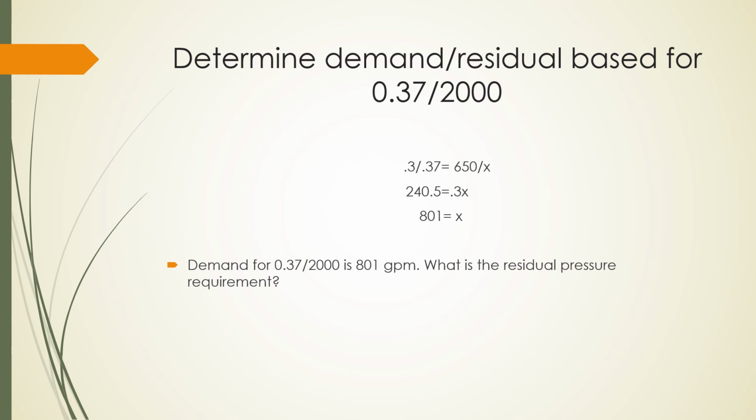And that 0.3, if you remember, corresponds to a demand of 650, but we don't know what the demand would be for 0.37. So when we cross multiply, you have 240.5 equals 0.3x, and solving for x, we end up with 801. And then we'll show on the next graph that the demand for that density of 0.37 over 2,000 is 801, and we'll be able to pull the residual pressure right from the graph.